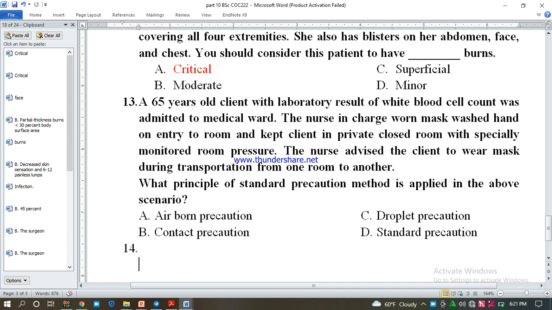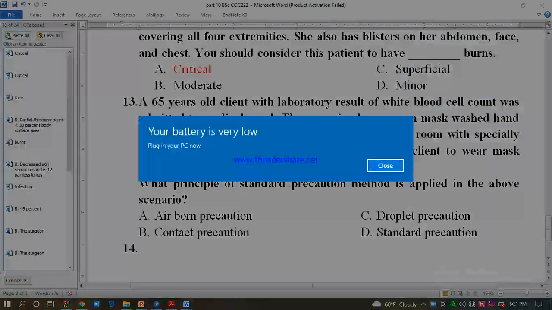Contact precaution is intended to prevent transmission of infectious agents spread through direct or indirect contact with the patient.